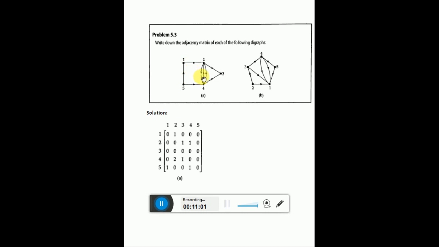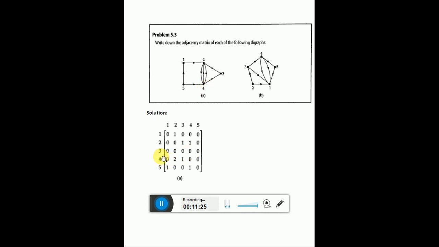There is no other arc from 1 to another vertex. There is only one arc, from 1 to 2, and the vertex 2 is joined with 3, and the vertex 2 is also joined with vertex 4.